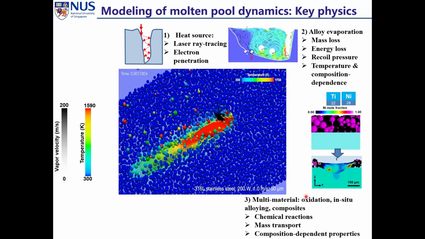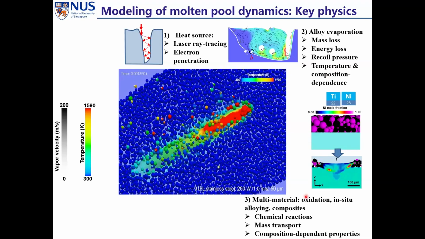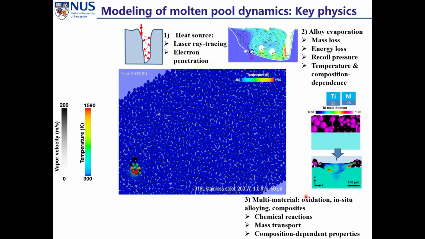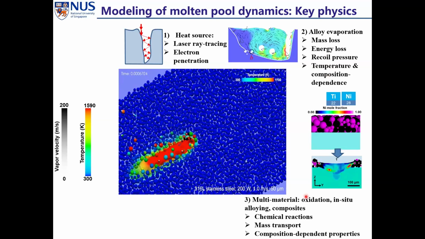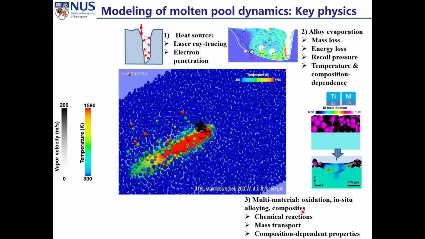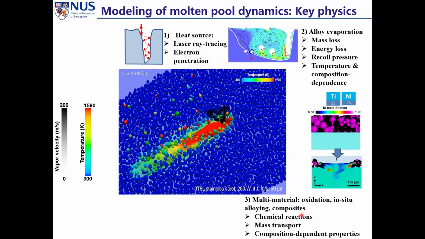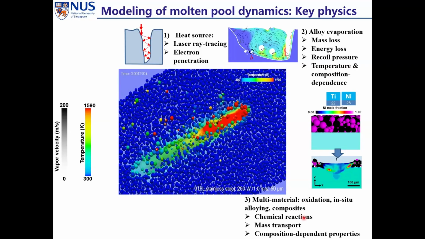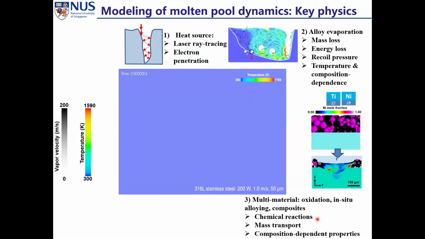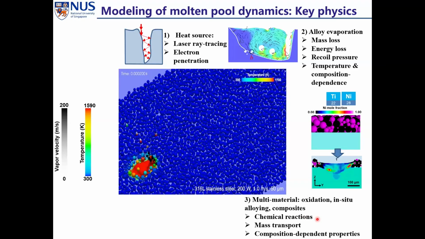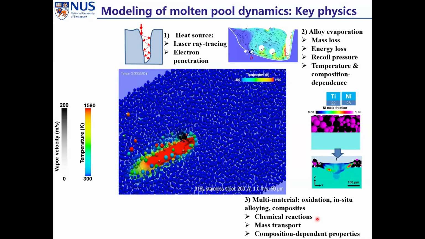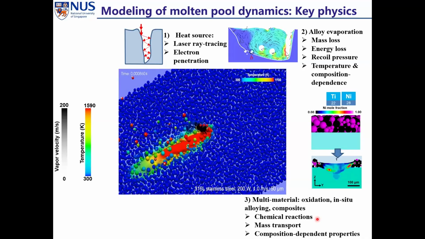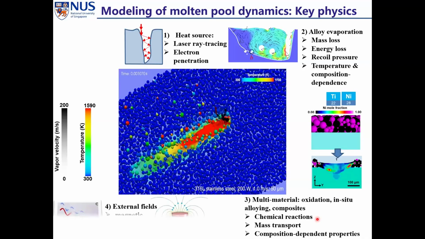And also in the process, we cannot avoid multi-material. Say, for example, liquid gas reactions, in-situ alloying, which involves liquid reactions, and also some composites. So this involves chemical reactions and mass transport, and also all the properties like melting temperature, thermal conductivity, and specific heat are dependent on local chemical compositions.